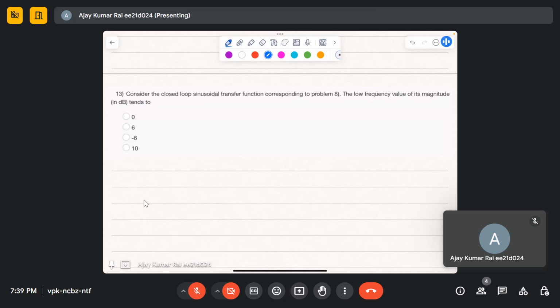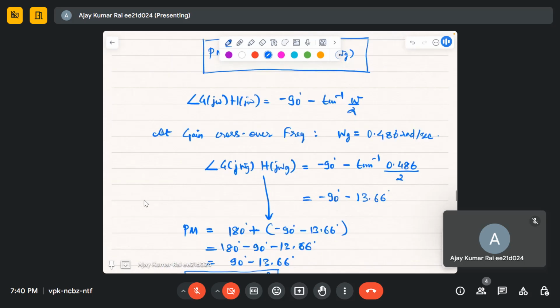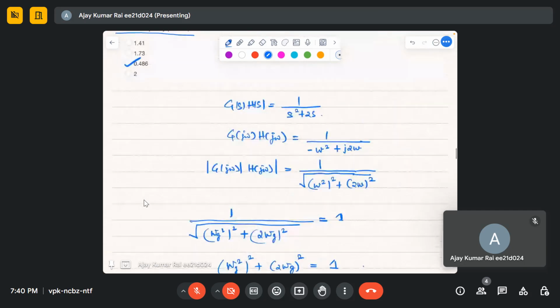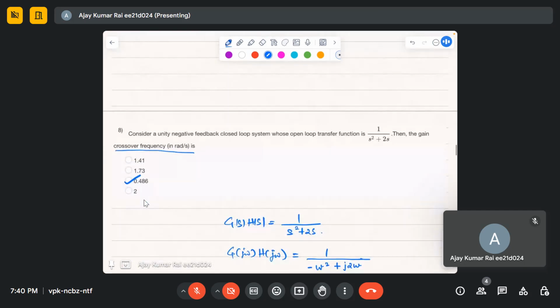Okay, 13th question. Consider the closed loop sinusoidal transfer function corresponding to problem 8, the low frequency value of its magnitude. In this case, the question asks about the closed loop sinusoidal transfer function. If you go back to problem 8, it's very important you read this: unity negative feedback.